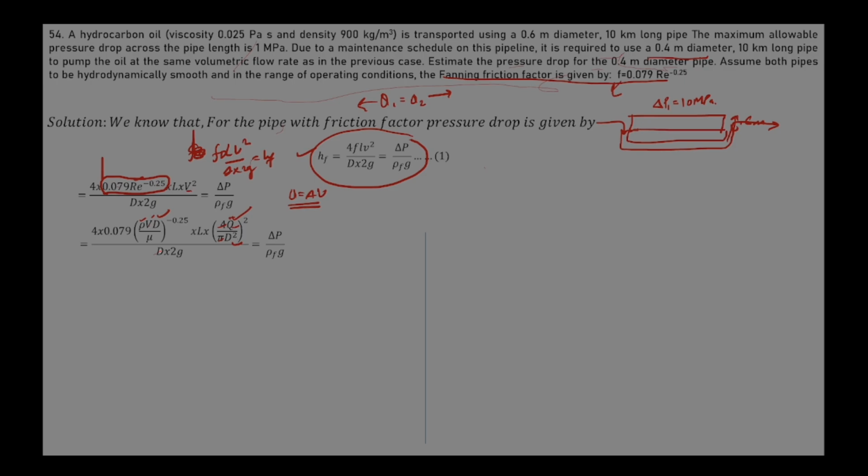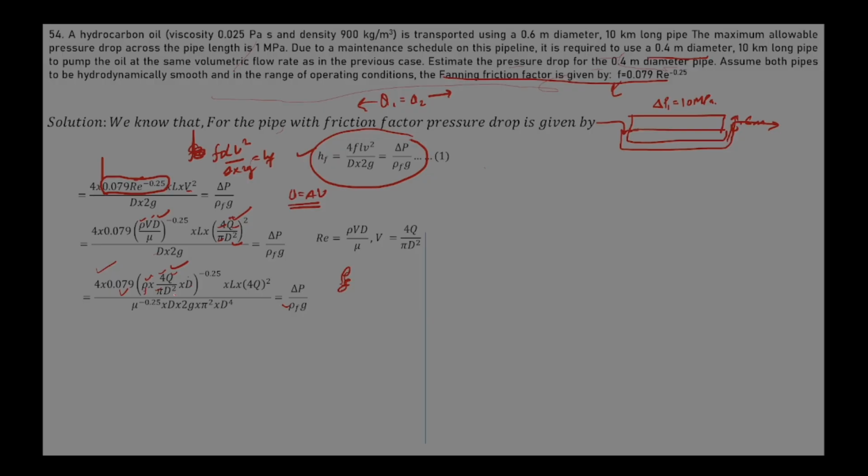In the very next step we will change velocity equal to 4Q upon pi d square, and after rearranging, rho is constant. Rho F is the density of the fluid. So 4 is constant, Q is constant, pi is constant, rho is constant.